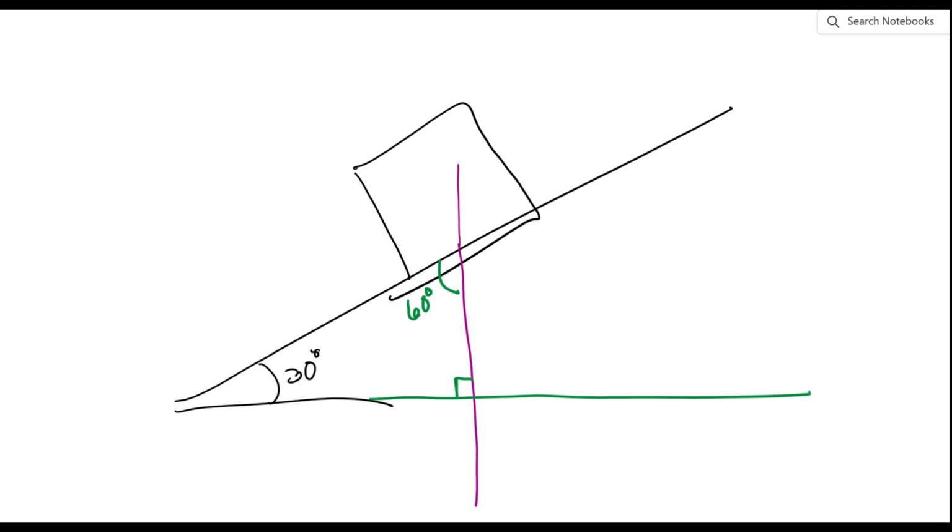Then what if I need this angle here? That's 60. This is 90 because that might be a normal force. So if that's 90, then this is 90, so this is 30.